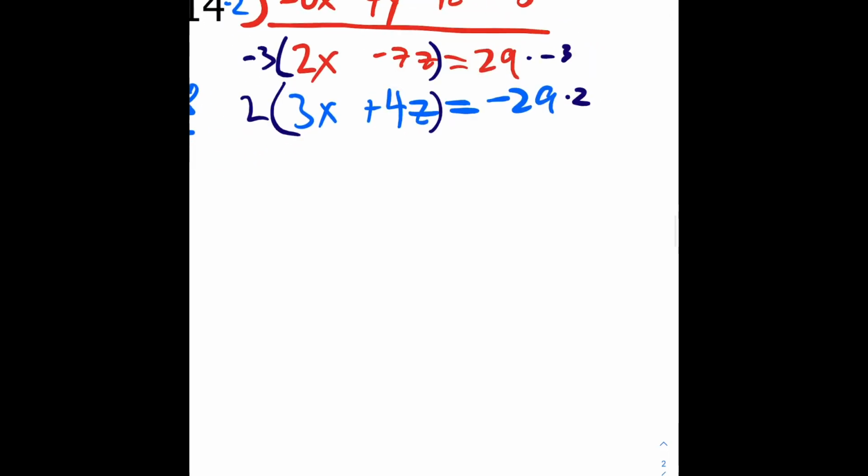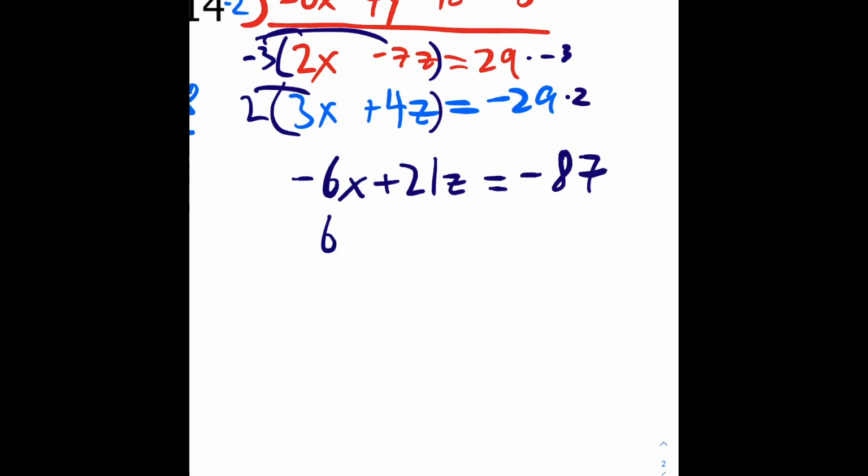For the top equation, I'm going to get negative 6x plus 21z equals, what's 29 times negative 3? Negative 87. The bottom, I'm going to get positive 6x plus 8z equals, what's negative 29 times 2?